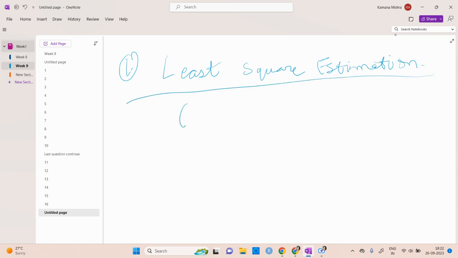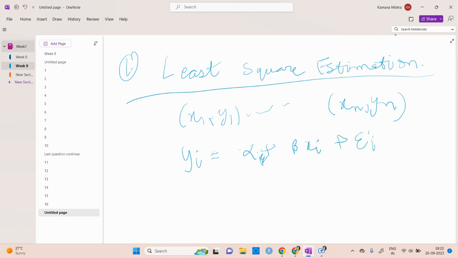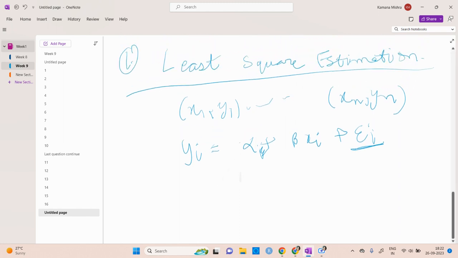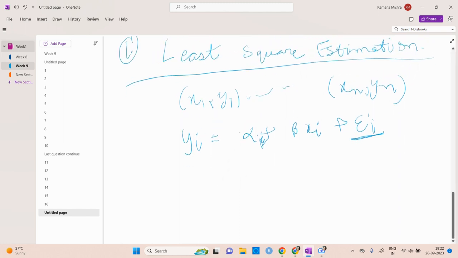Let's say we have some points x1, y1 up to xn, yn. Then let's say yi is alpha plus beta xi plus epsilon i. Now this epsilon i is what? Error. Okay. So in least square estimation, we want to minimize this error.